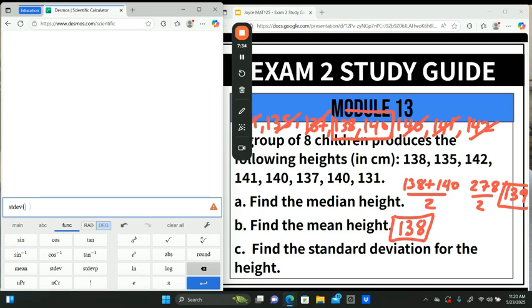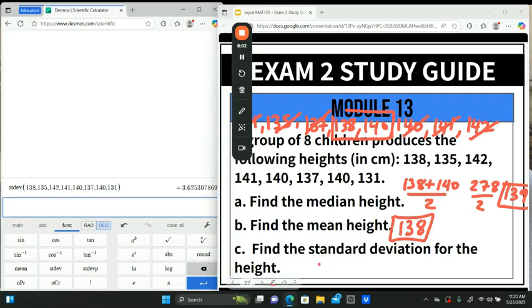Okay, so let's go for it. We can go 138, comma, just type them in as they appear. And you'll have access to this calculator on your exam as well, so feel free to use it as much as you like. In close parentheses, and we see that our standard deviation is 3.6253.